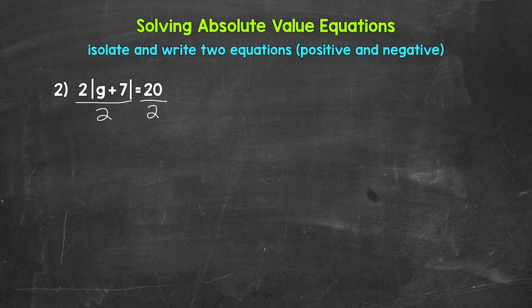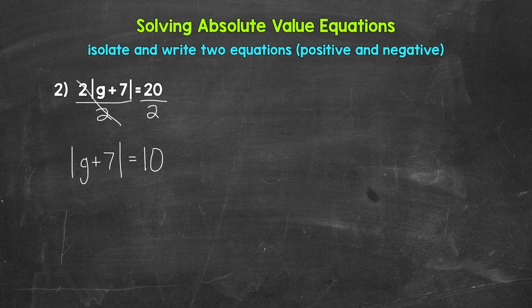Now on the left side, these 2's cancel each other out. So we have the absolute value of g plus 7 equals, and then on the right side, 20 divided by 2 gives us 10. So now we have the absolute value of g plus 7 equals 10.